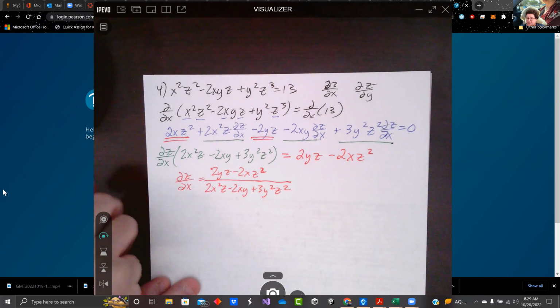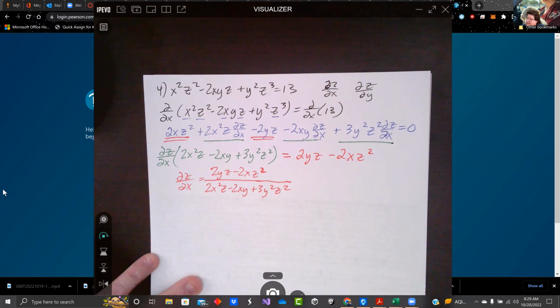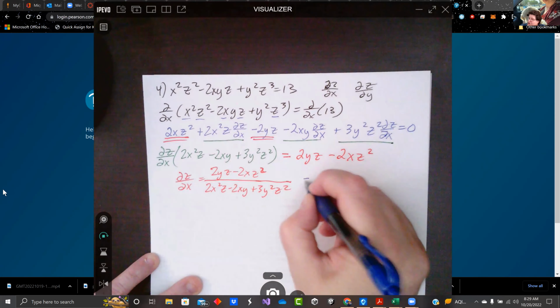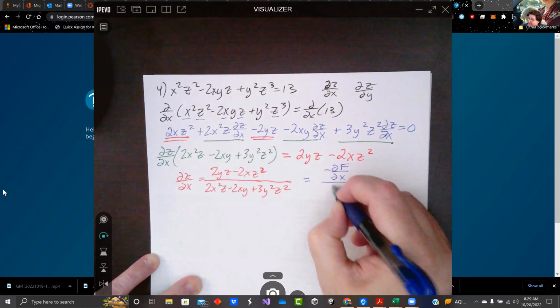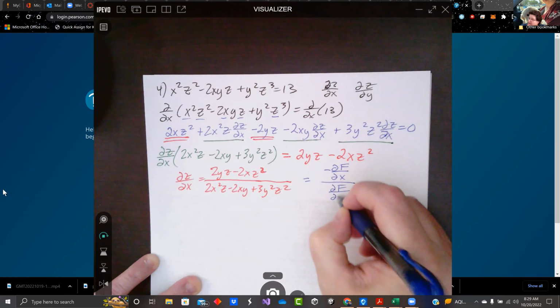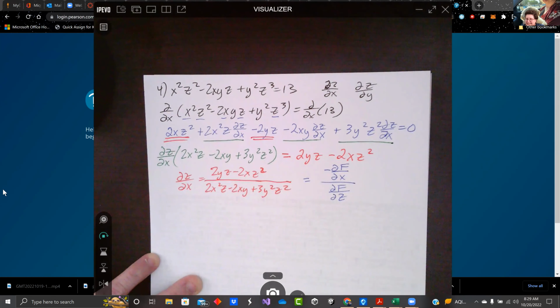If you want to check your work, this should be equal to negative df/dx over df/dz. And you'll see that it does.